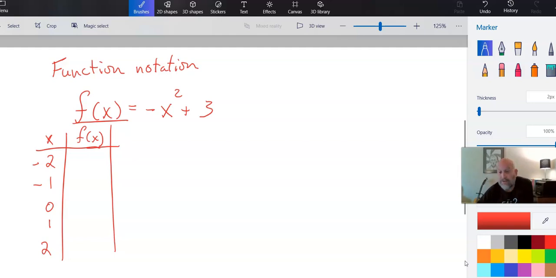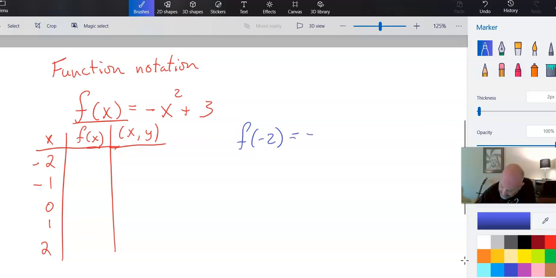So we'll walk through the first one real quick. And then the last thing I want you to put down is your xy coordinate that comes out of it. We'll walk through -2, and then I'm going to turn you loose on the rest of these. If I want to find out what happens when x is equal to -2, I'm going to look at f of -2.